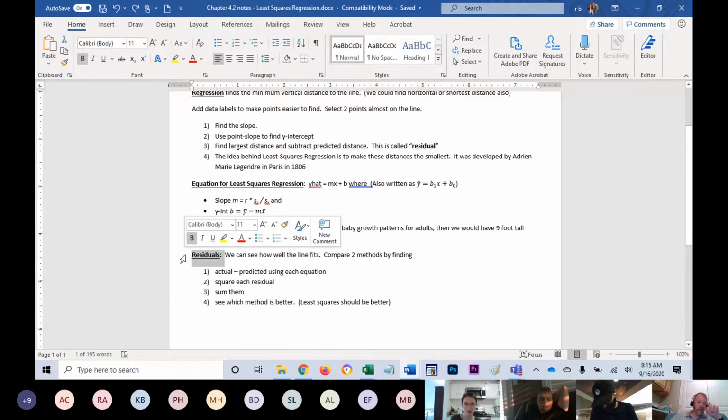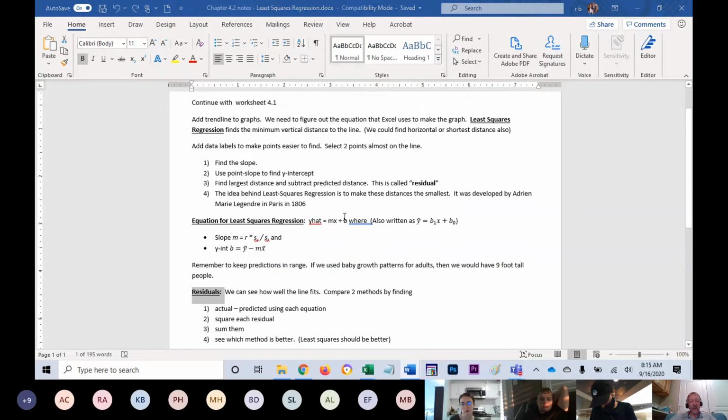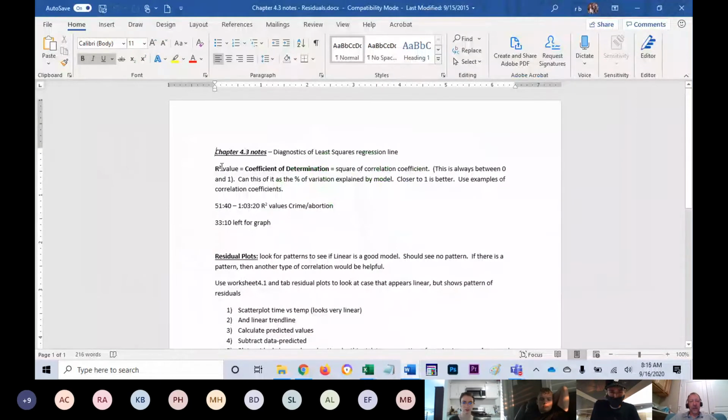Actually, let's talk a little bit more about residuals. Well, I really want to do this. In 4.3, we're going to talk about the R-squared value. We're going to cover 4.3 today, I think, too. R-squared is called the coefficient of determination, and it's the square of the correlation coefficient. So this value is always between 0 and 1. The idea is it tells you the percent of variation explained by the model. Closer to 1 is better.